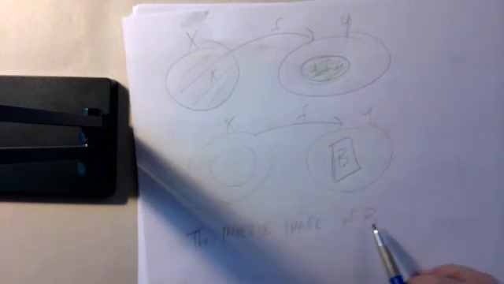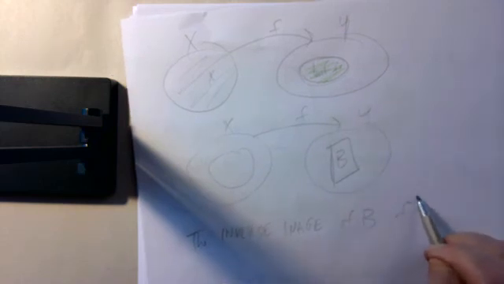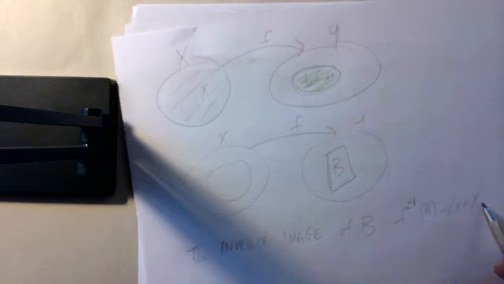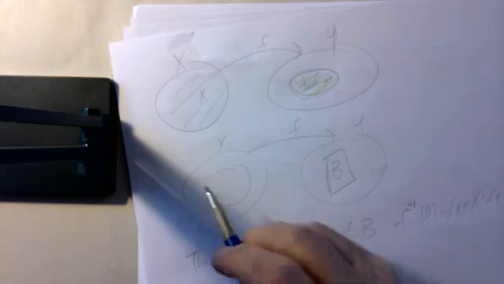It's the set, also denoted f inverse of B. This is all x in X such that f of x gets mapped into B.